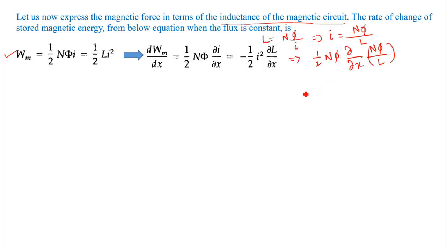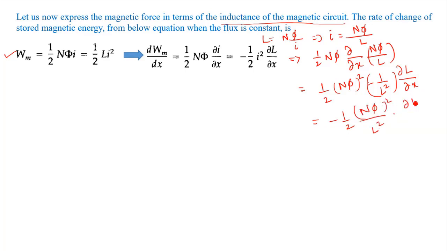Now I'll find this as minus half of n phi square, and because phi is constant here, if we take the derivative of 1 by L with respect to x, it will be minus 1 by L square times delta L by delta x. So this will give me minus n phi square by L square delta L upon delta x, and it will give me half I square delta L upon delta x.